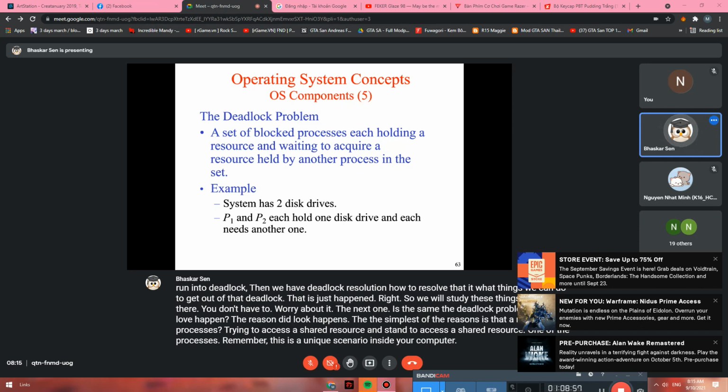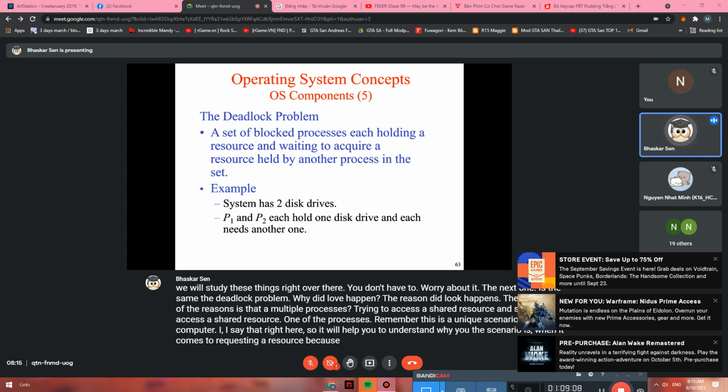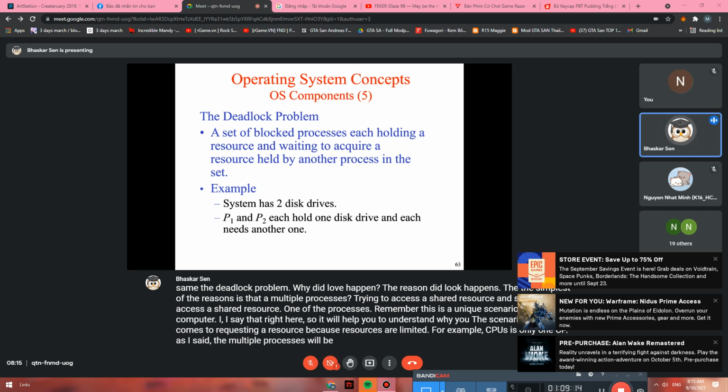The scenario is when it comes to requesting a resource, because resources are limited. For example, there's only one CPU. The multiple processes will always be trying to get into the CPU. They are competing for those resources.